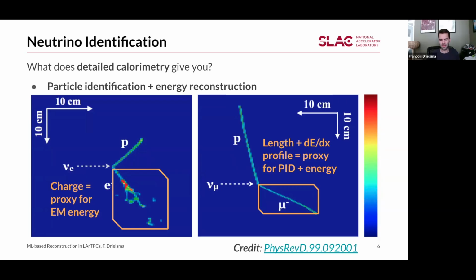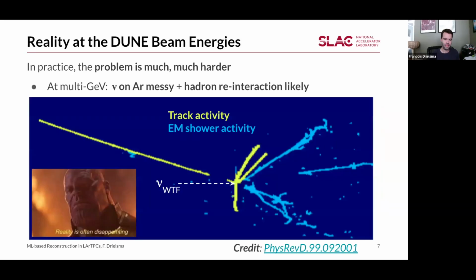And then based on the precise range reconstruction for these tracks, you can reconstruct the energy of these individual particles. Getting the energy of a particle correct is going to be a good proxy for reconstructing the neutrino energy.